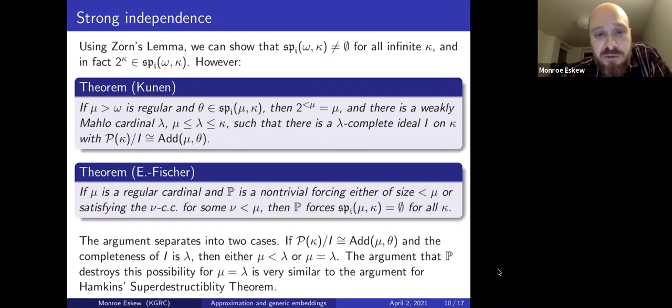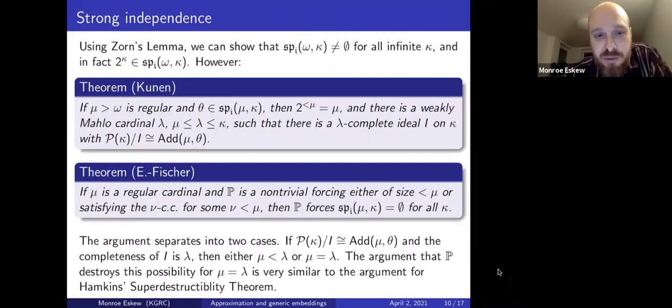So an interesting case to first start thinking about is, what about mu equals omega_1? The first consequence says that then you have to have CH. So if the mu-kappa independent spectrum is non-empty, then 2 to the less than mu equals mu. And there are some weak kinds of large cardinals. There's a weakly inaccessible cardinal lambda somewhere between mu and lambda.